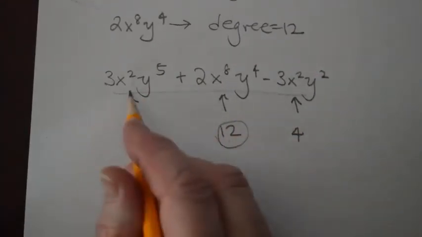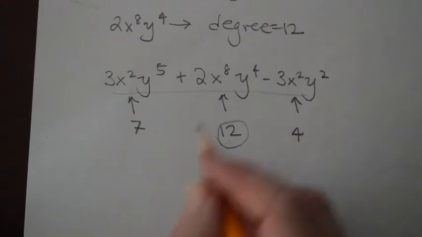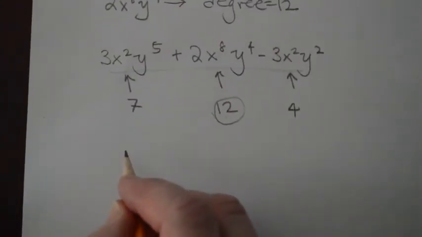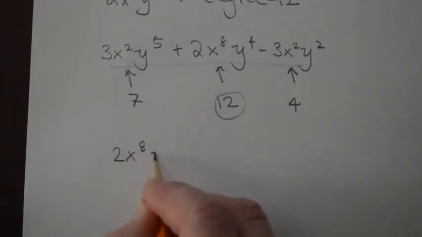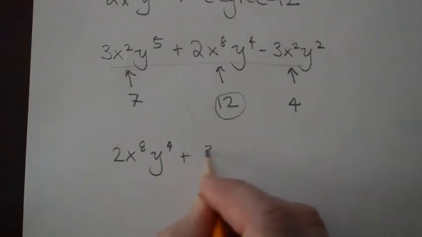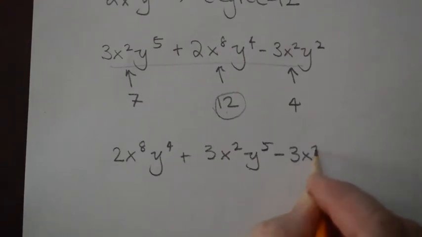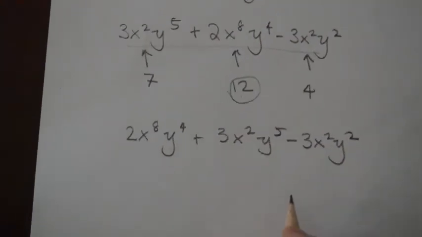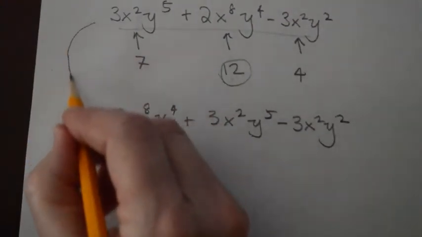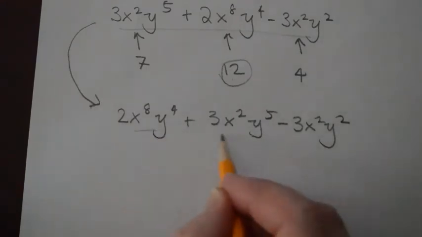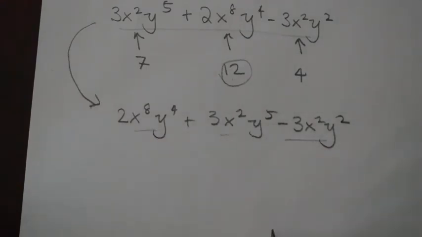So if we were to order this in a way that was similar to that, we would rewrite it as 2x to the eighth y to the fourth plus 3x squared y to the fifth minus 3x squared y squared. So we would just take these terms and rewrite them so that we went from highest all the way down to lowest.